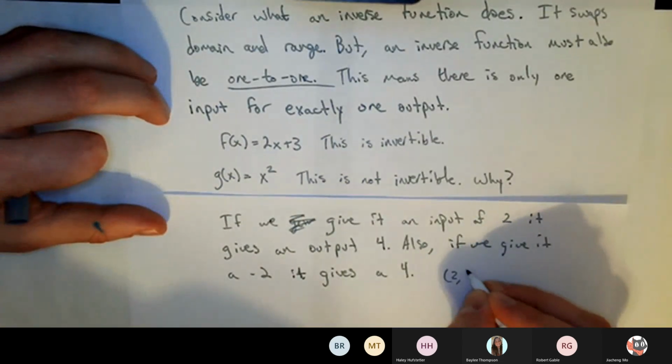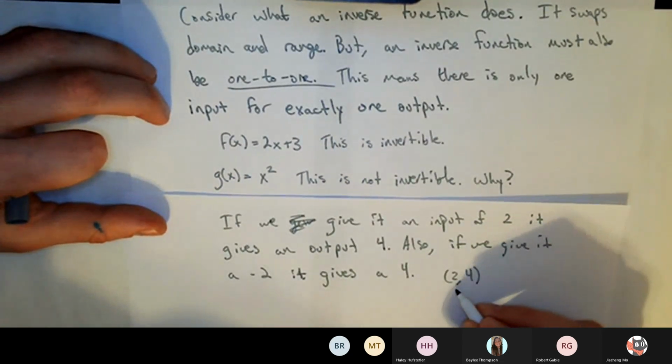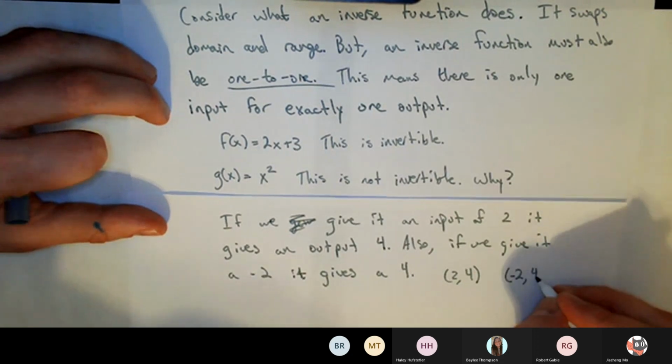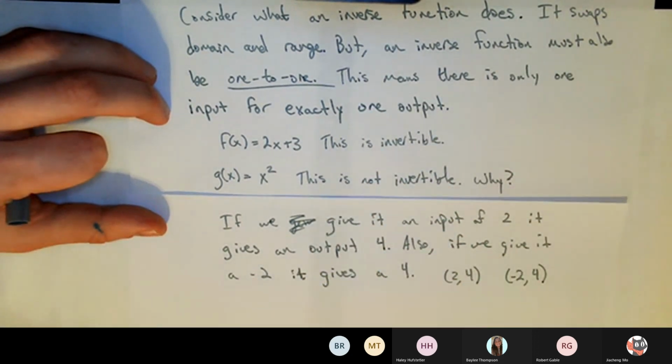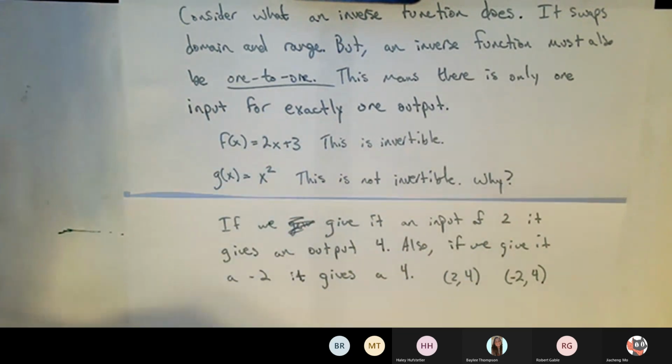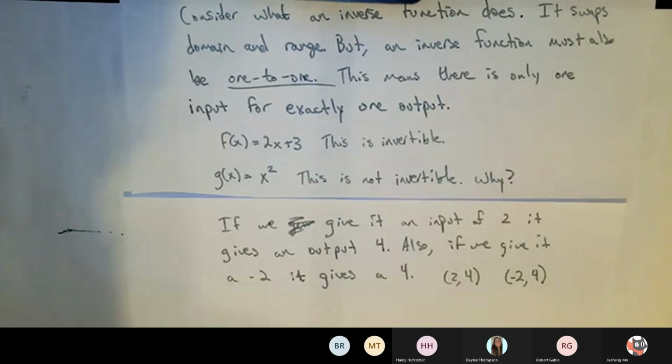So when a function takes in a 2 and gives us a 4, and then it can take in a different value and give us the exact same output, then it's not invertible. It does not have this nice 1-to-1 relationship with its domain and range. Remember, domain is input, range is output, so it's not 1-to-1.